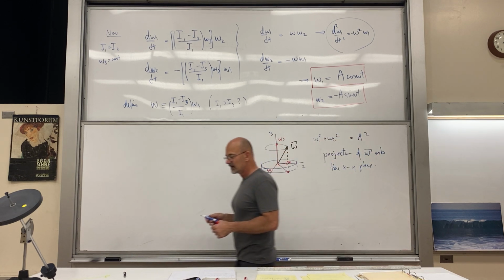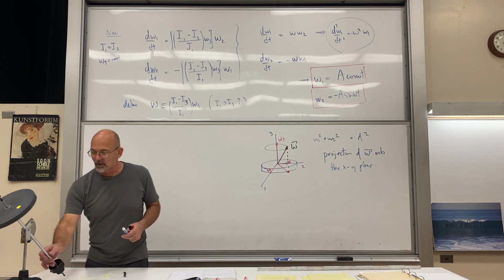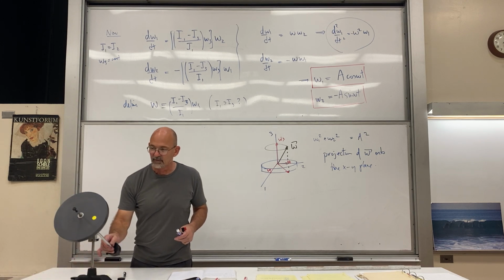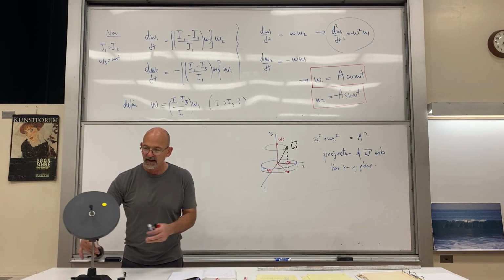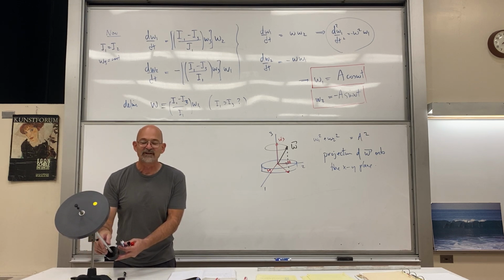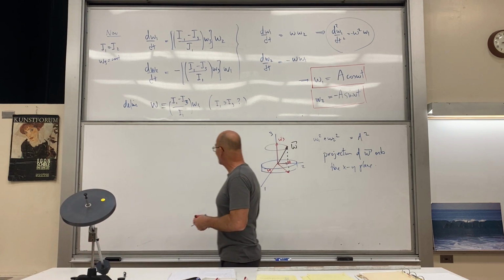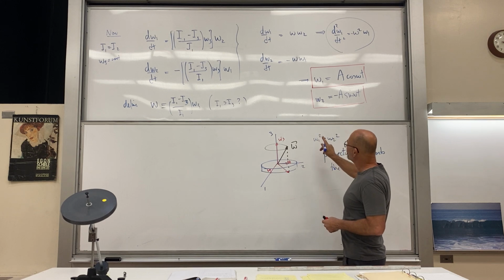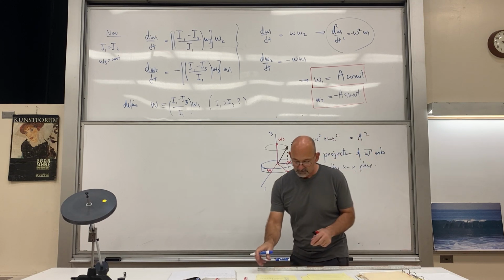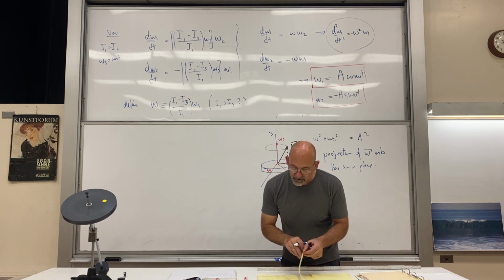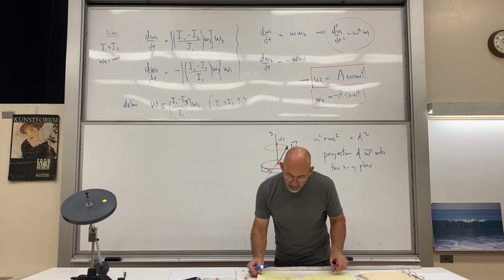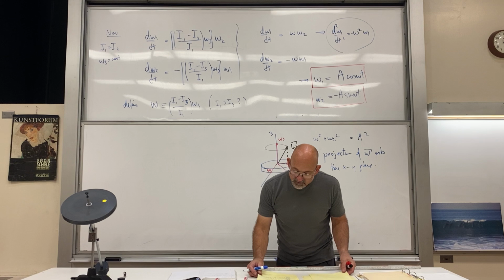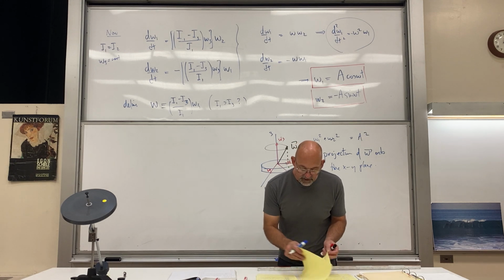Once again, when we had this motion here for the force-free top, the L was at the center of that cone and fixed. Here they're actually going to both be moving. So that's something we're going to complete next time. I'm not just going to write it down right now.